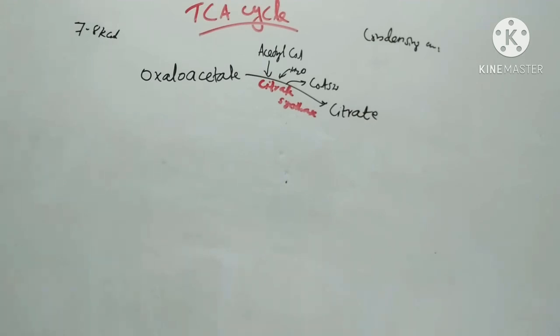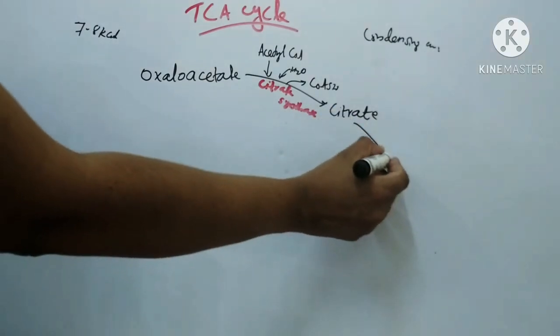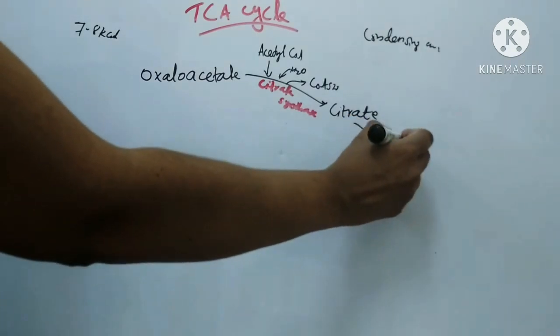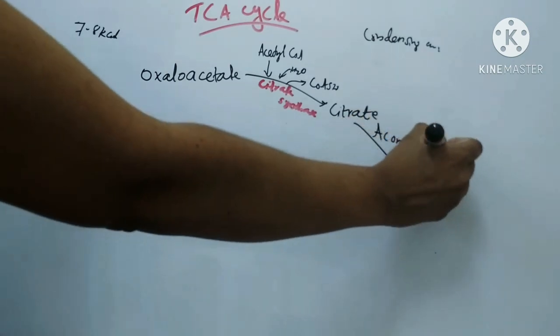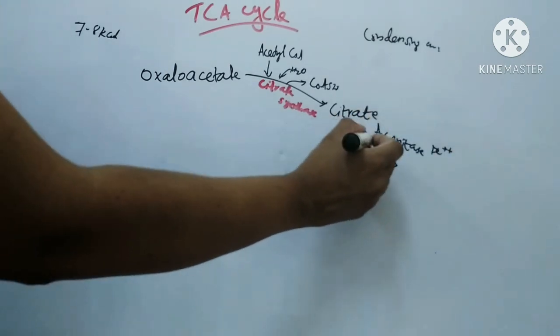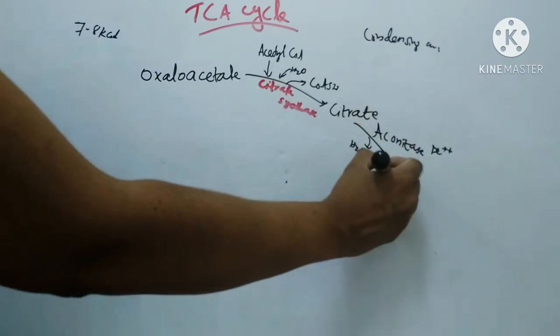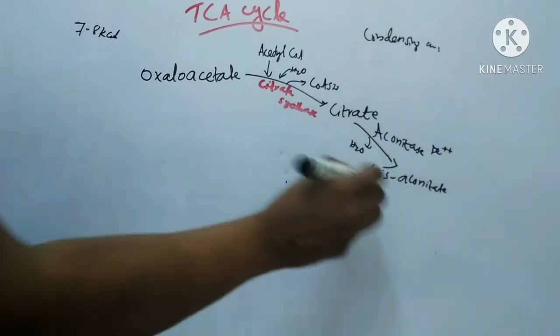In the second step, cis-aconitate and isocitrate are formed from citric acid. We will see the reaction from citrate by the enzyme aconitase. It needs Fe++. Water is released and citrate is converted into cis-aconitate.